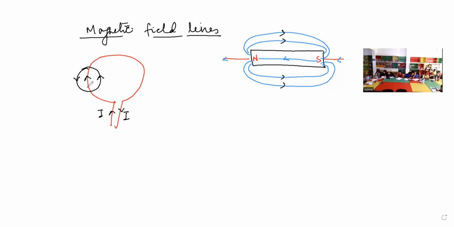And when the current reaches here, again if you draw a circle, and hold a pen or pencil like this, then the field lines are clockwise. So you can have a clockwise arrow on this circle.